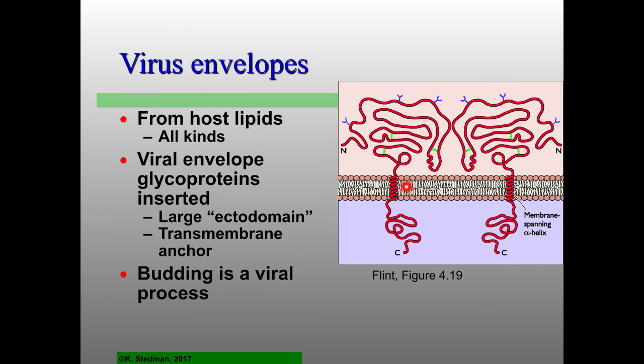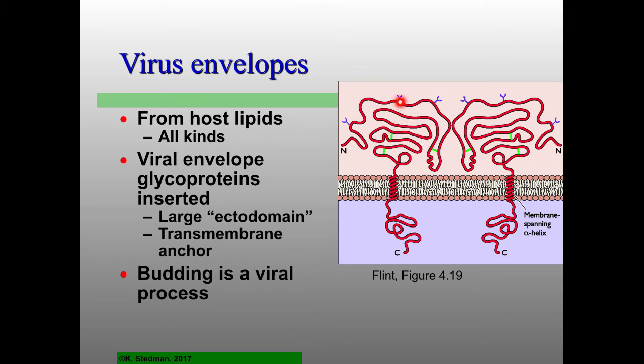This can come from basically any kind of internal membrane that you can think of on your cell, or the plasma membrane. But in those, all of these enveloped viruses have some kind of virus protein that's sticking through this membrane so that the virion can associate with some poor other host cell that it's going to get into.